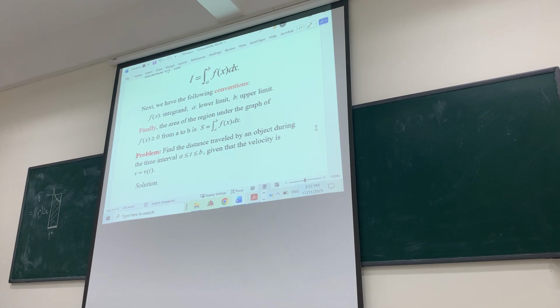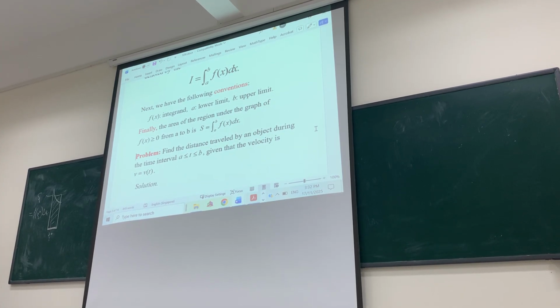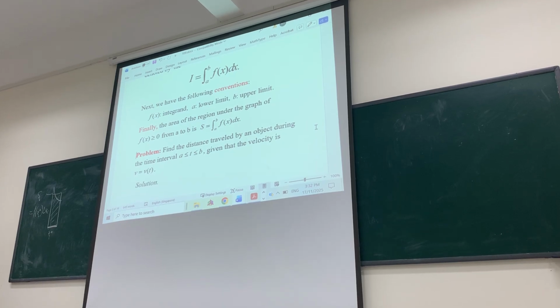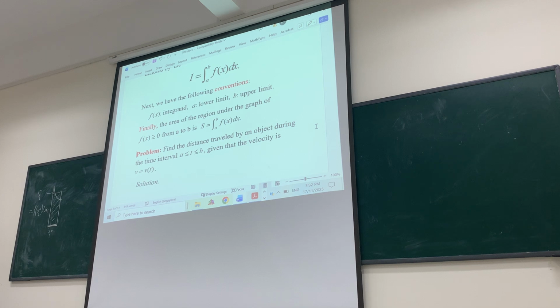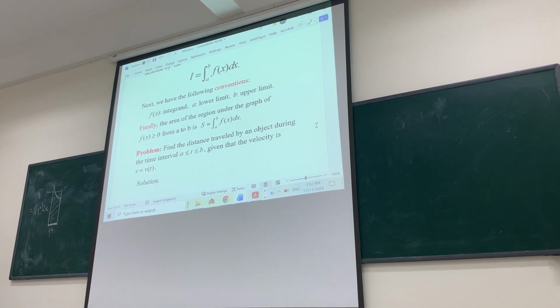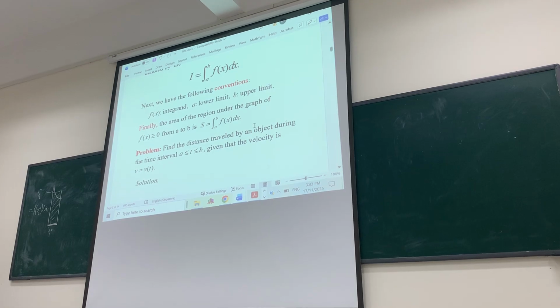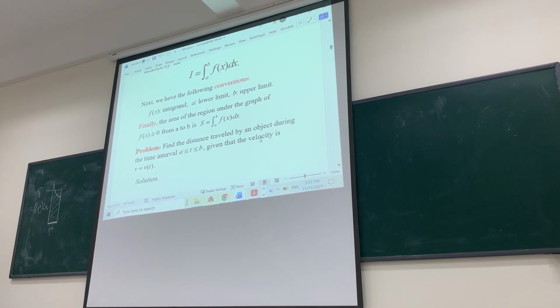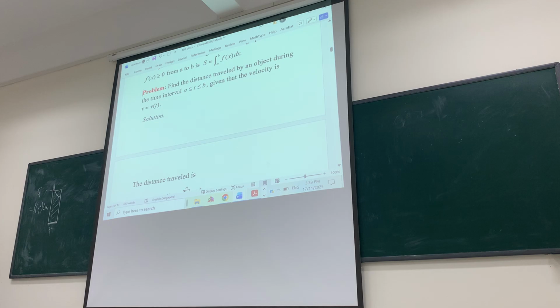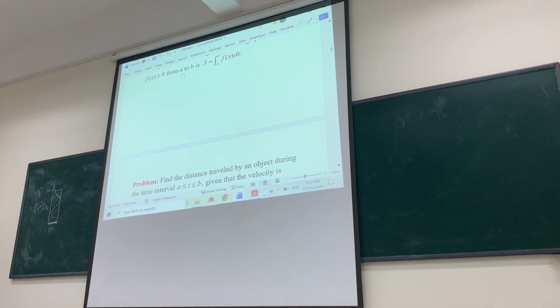I think you know the distance traveled is given by the definite integral of function v from a to b. It is similar to constructing the earlier formula for the area under the curve.